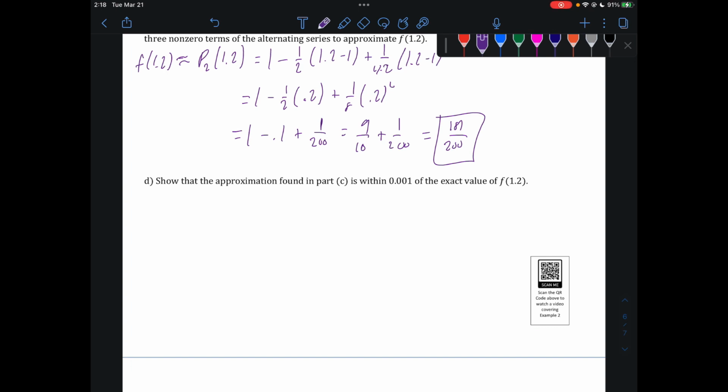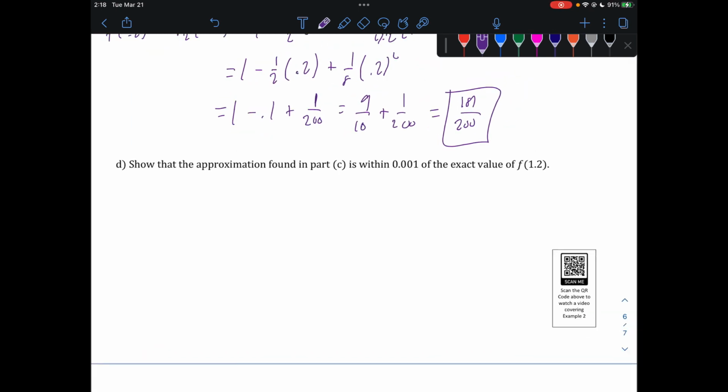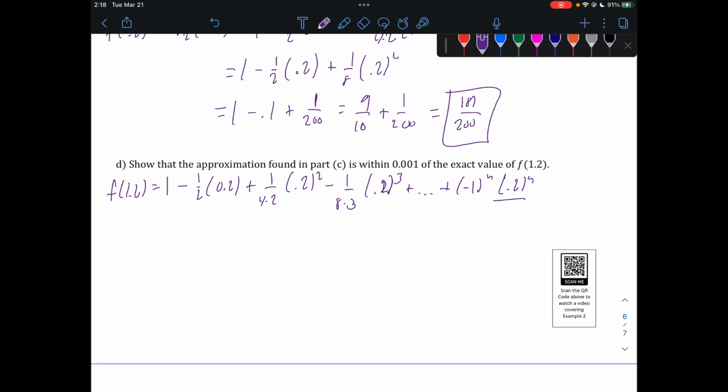So we just did our approximation here. So let's think about this for a second. F of 1.2, which is 1 minus 1/2 times 0.2 plus 1 over 4 times 2 times 0.2 squared minus 1 over 8 times 3 times 0.2 cubed, plus that nth term, which is 0.2 to the n over 2 to the n times n.